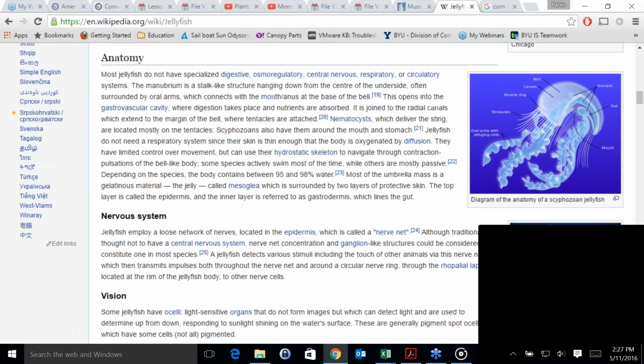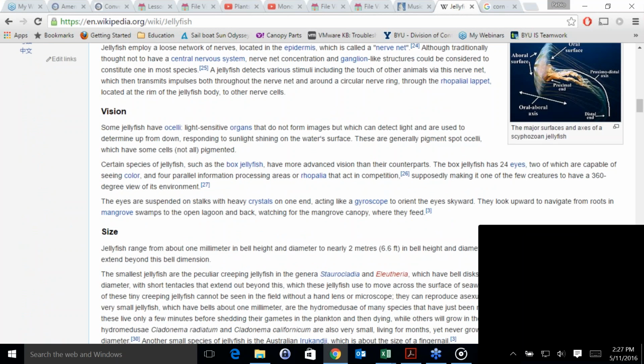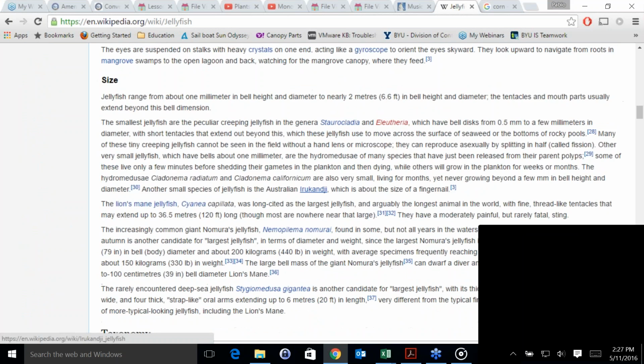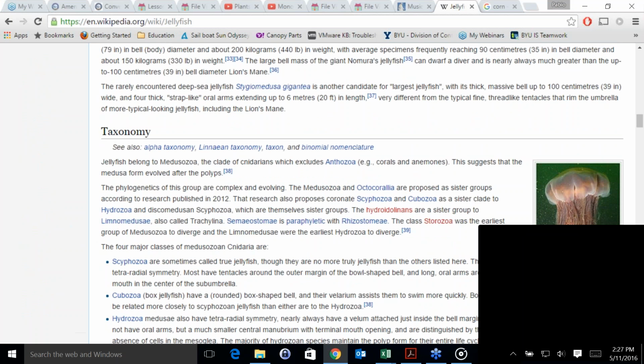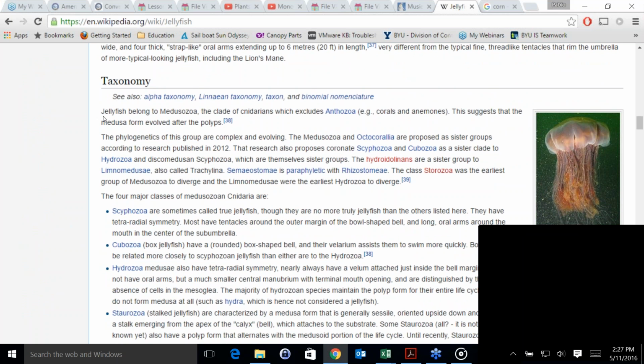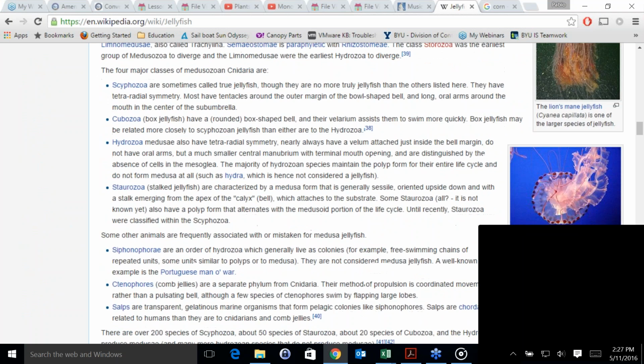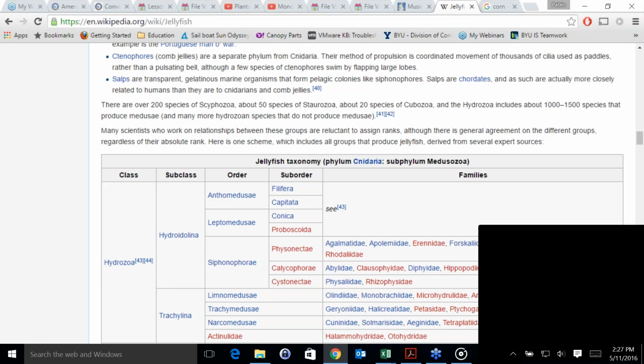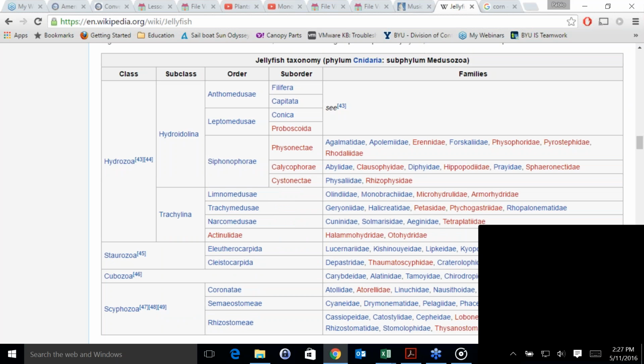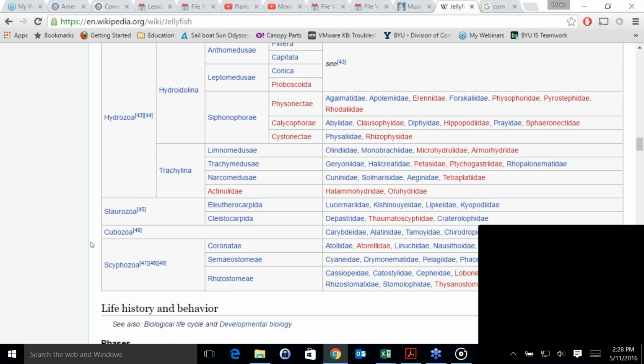Really weird, but they actually are part of the animal kingdom. If we go here to the taxonomy, this is the classification, we would see that they are part of the animal kingdom. So different classes and types of jellyfish.